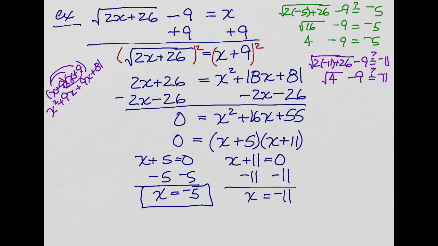The square root of 4 is 2. 2 minus 9 is not, in fact, negative 11. 2 minus 9 is negative 7. So that one does not work. Negative 11 is an extraneous solution, and I have to throw it out. I have one solution to this equation. x equals negative 5.